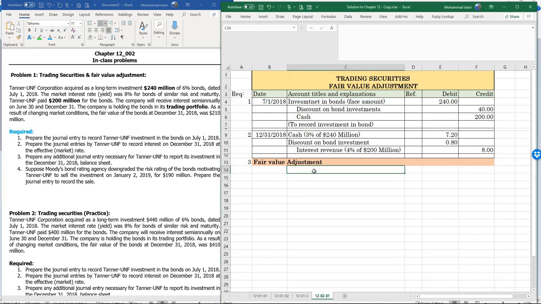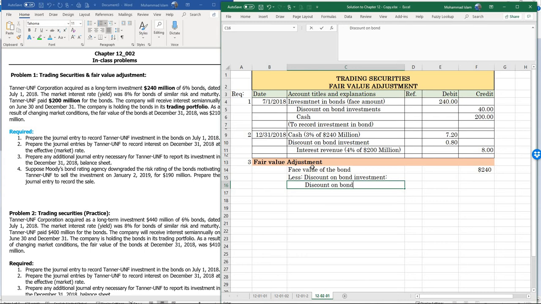The first thing is the fair value adjustment. We need to do that. Let's see: the face value of the bond is 240 million. Then the discount on bond investment.